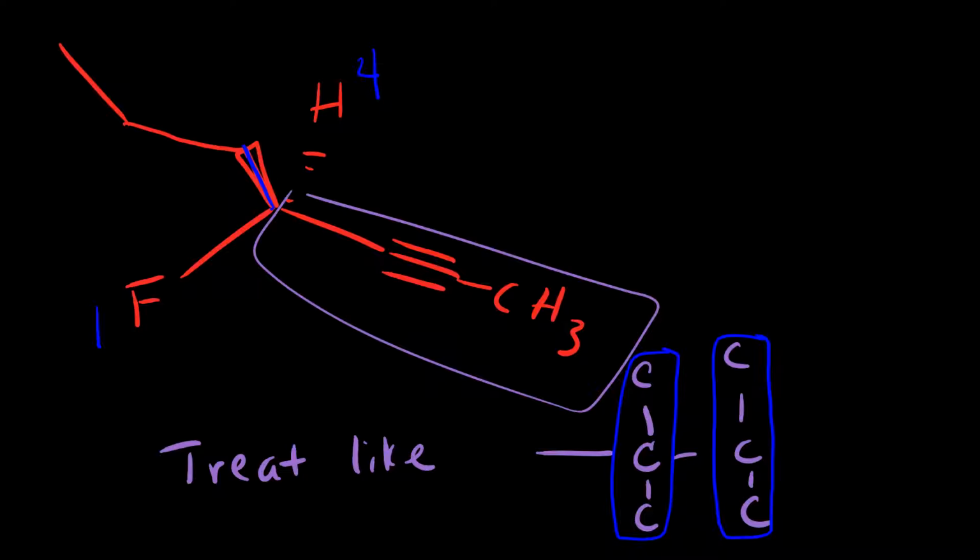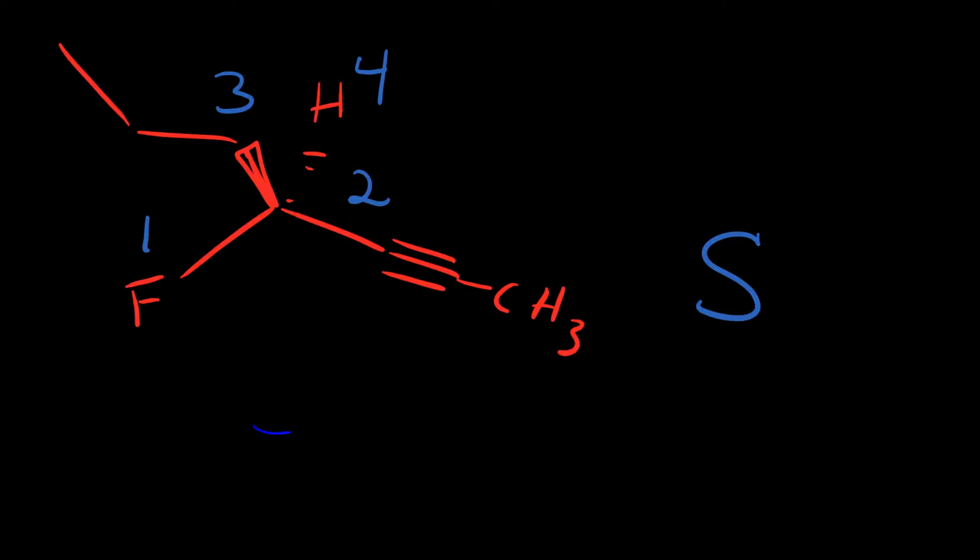If we go out in both directions here, we see carbon and carbon. But then again, once you go out further, you have hydrogen, hydrogen, and down here you have carbons. And so once again, this is going to be a higher priority. We're going to give this priority 2, and this one's going to be priority 3. And hopefully you were able to see that you get this counterclockwise rotation, and so you have the S configuration about this chiral center.